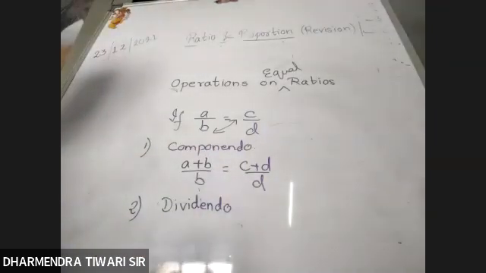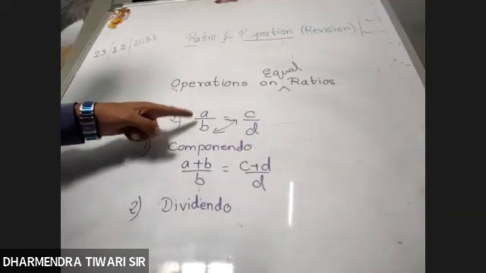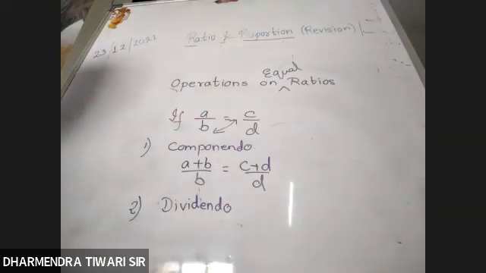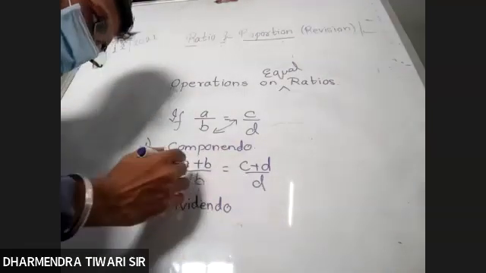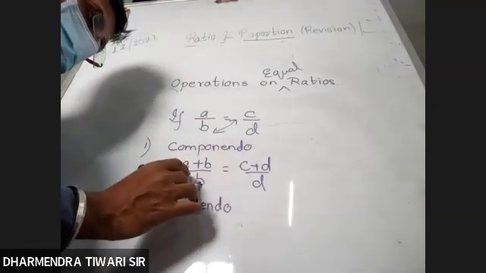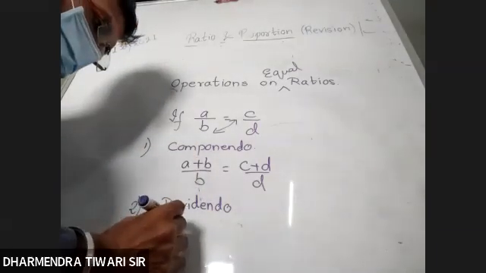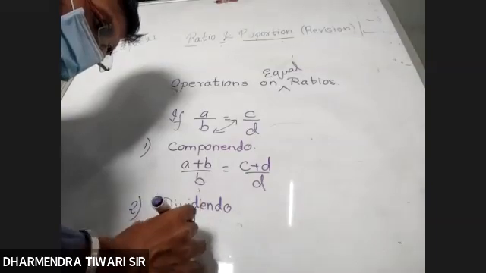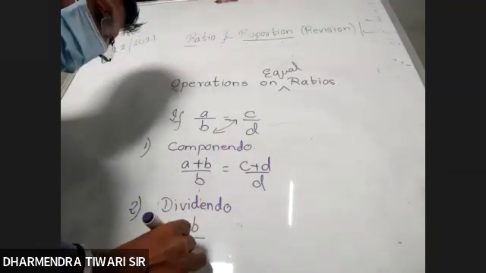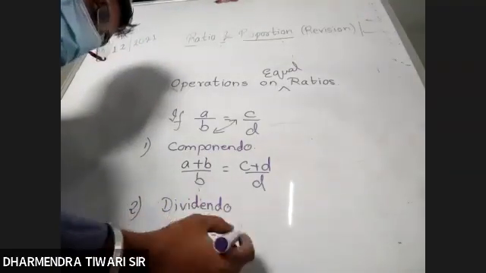Now next, dividendo. By dividendo, if we have this ratio A by B equal to C by D, in componendo we added the denominator to the numerator, so in dividendo we have to subtract the denominator from the numerator.